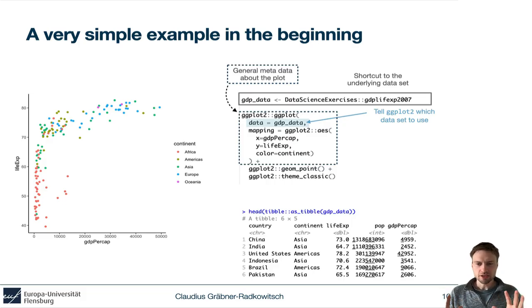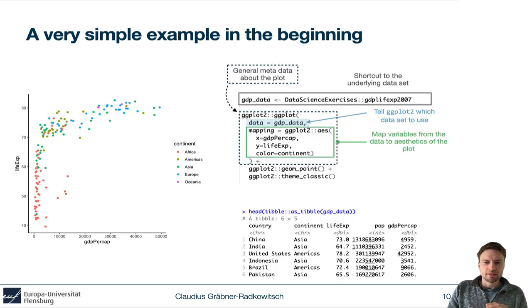If a function is not given a different data set, this is the default option the function call is about to use. The second argument is the mapping argument, and the mapping argument tells ggplot, again per default, which variables to map to which properties of the plot.